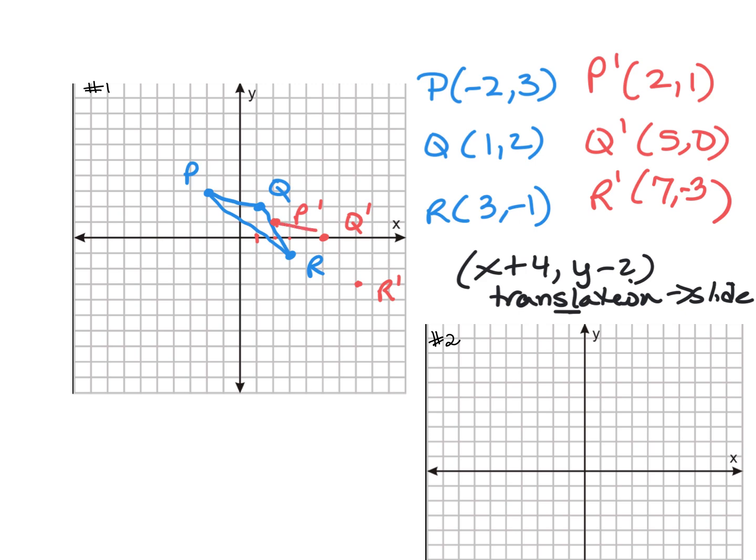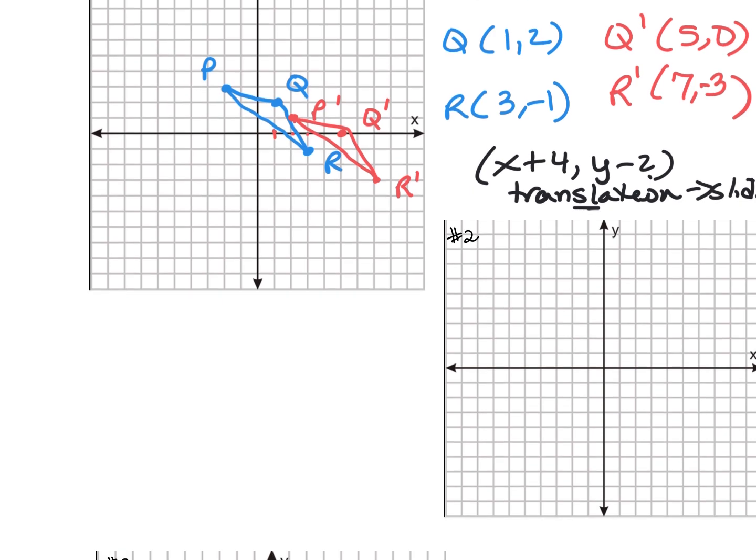And then connect them. You can see that this blue figure, when it moved to the new red one, was shifted to the right 4 units, and then it went down 2 units. So this is like a slide. The official term is translation.